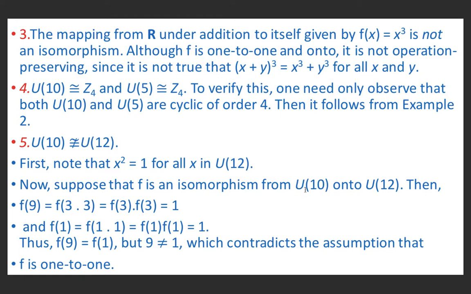So 9 star 9 is equal to 81, and here the operation is multiplication modulo 10. If we divide it by 10, the remainder is 1. So f of 9 is equal to 1. Also f of 1 is equal to 1. So f of 9 is equal to f of 1, but 9 is not equal to 1, which contradicts the assumption that f is 1-1.